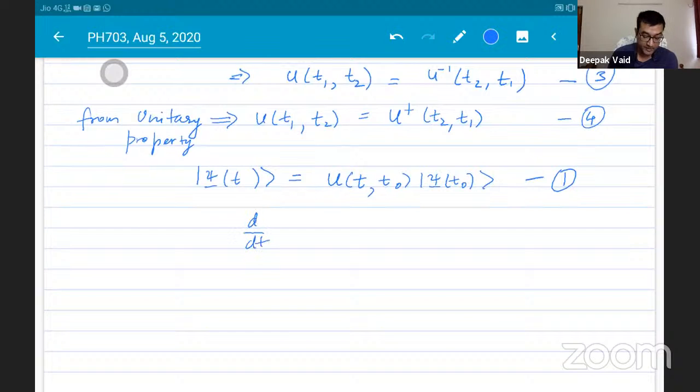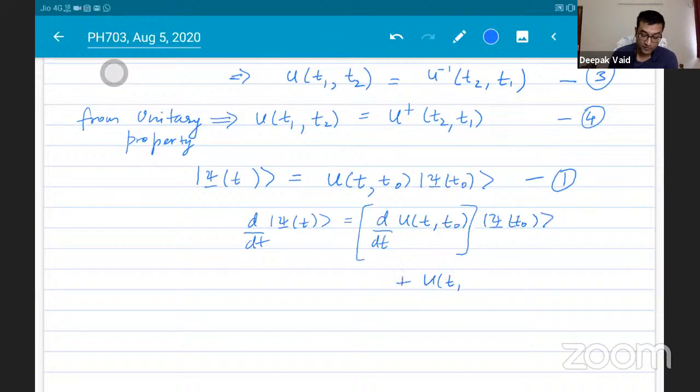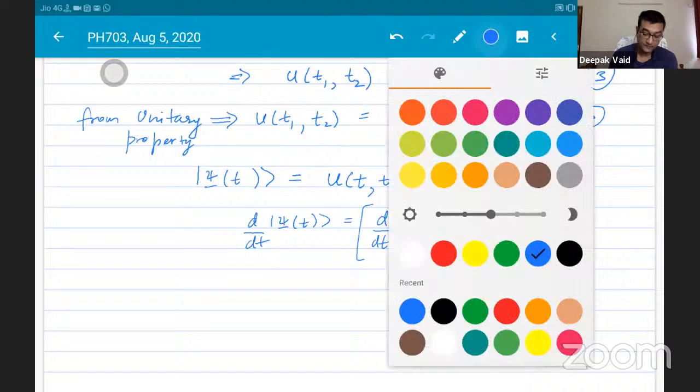So we can write d by dt of psi of t is equal to d by dt U of t comma t naught times psi of t naught, plus U of t comma t naught d by dt of psi of t naught.